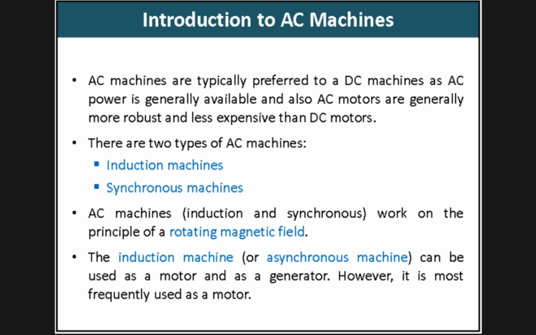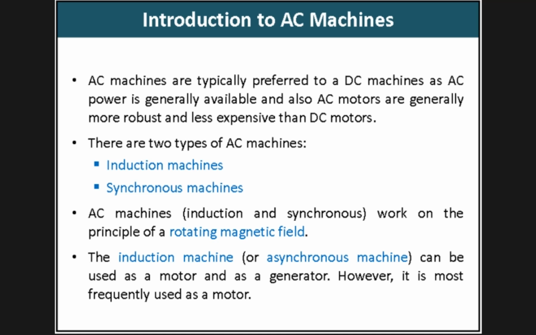That means the maintenance is easier, they normally don't get faulty soon, and cost-wise, the construction and manufacturing is easier than DC machines. Therefore AC machines are very popular. There are two types of AC machines. One is induction machine and the other one is synchronous machines.